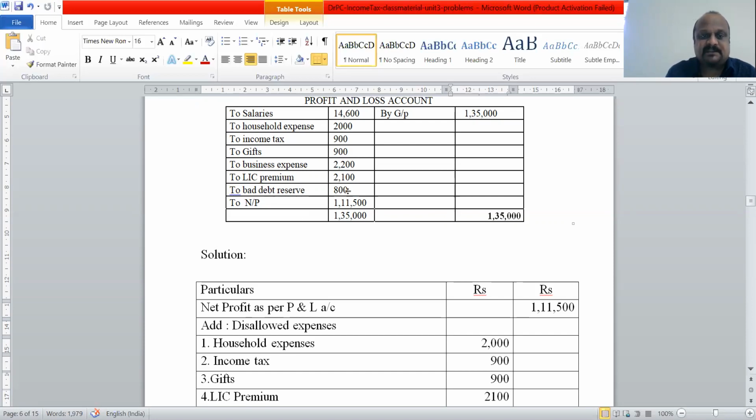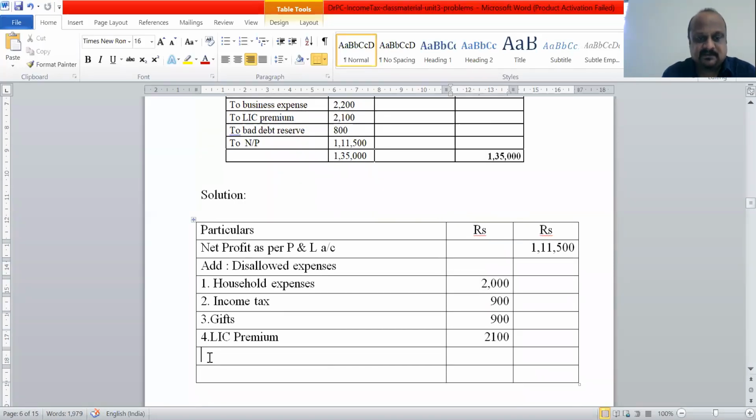Bad debt reserve, we have to add it back. This is not allowable, 800 rupees. So that is what they have given.